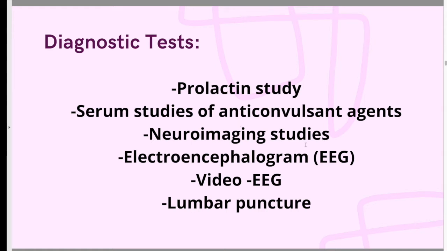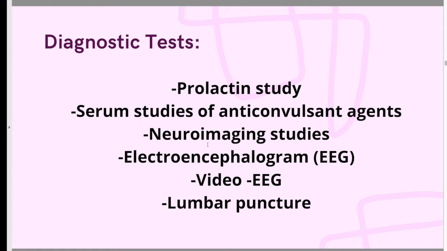While neuroimaging studies, such as brain magnetic resonance imaging or head computed tomography scanning, may show structural abnormalities that could be the cause of seizure. When you say electroencephalogram, abnormalities on EEG strengthen the diagnosis of epileptic seizures and provide some help in determining the prognosis.